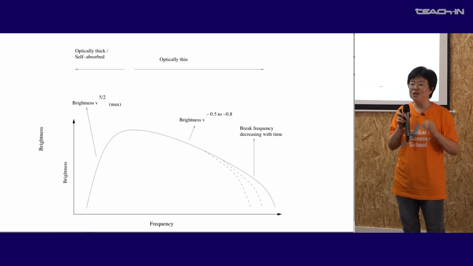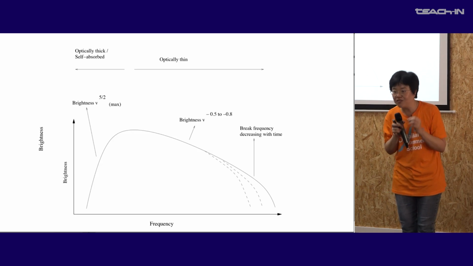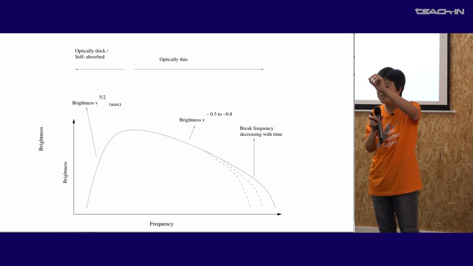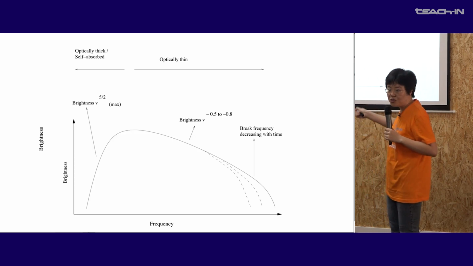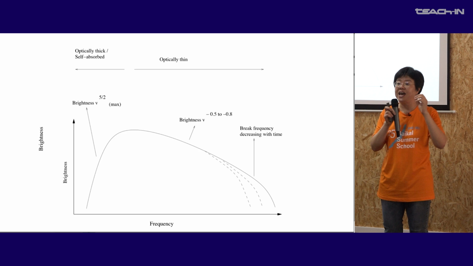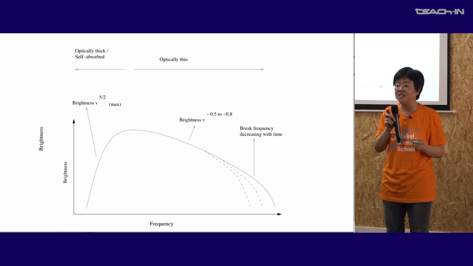That's why, when you observe, especially in radio, different parts of the sky, you get different synchrotron radiation because the age of the electrons is different.